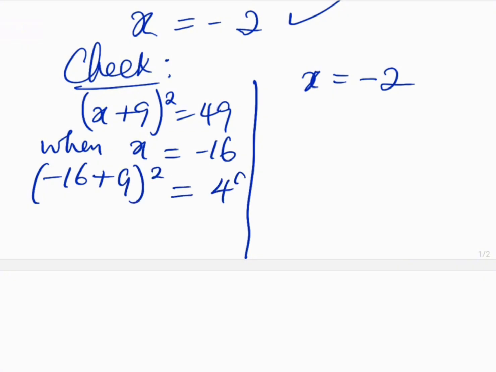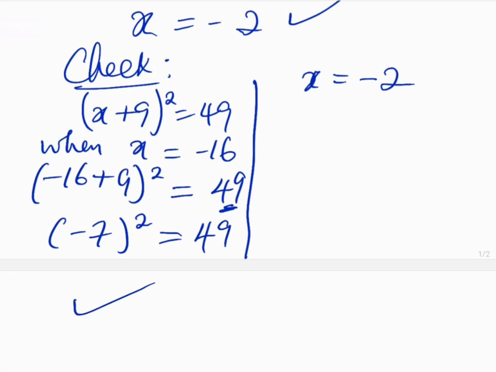Will it be equal to 49? Let's find out. -16 + 9 is -7, so (-7)², and definitely this will give us 49.